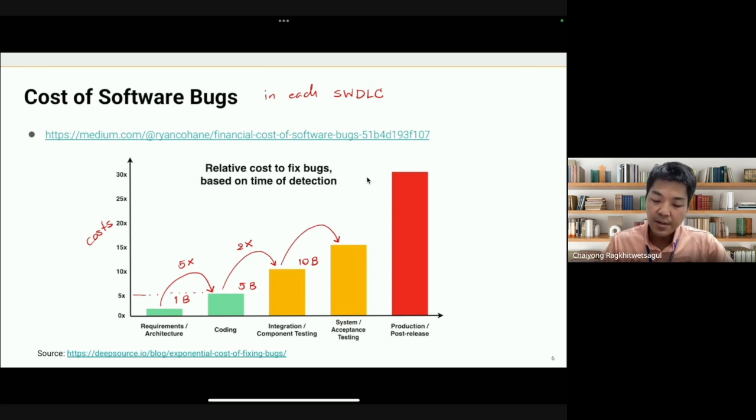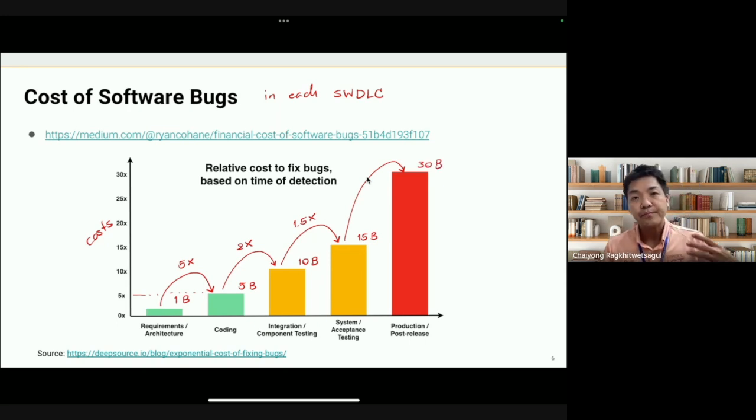And if you leave the bugs until the system or acceptance test, that would cost you even more, around 15 baht, which is 1.5 times higher than the integration testing phase. And lastly, if you leave it until you have deployed the software, gone to production, and actual users are using your software, they find a problem and report it back to you. The cost of fixing at that point is very high, 30 baht.